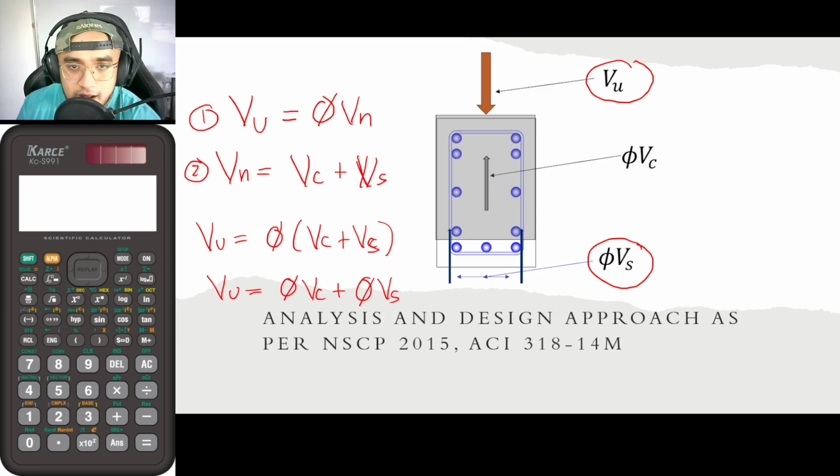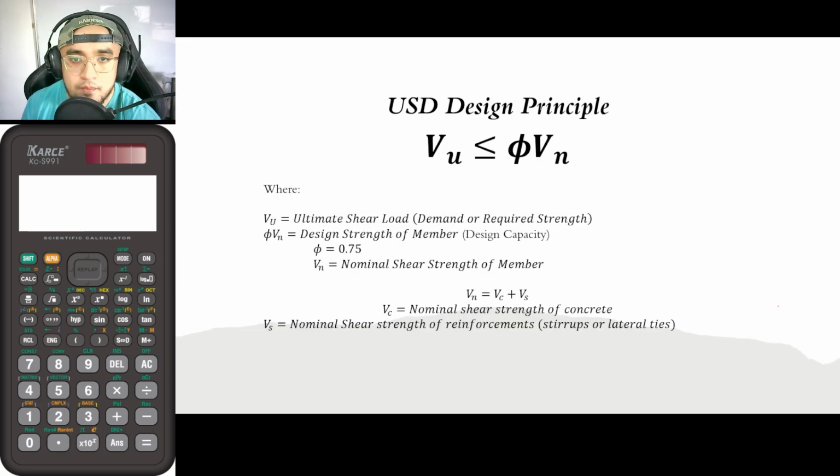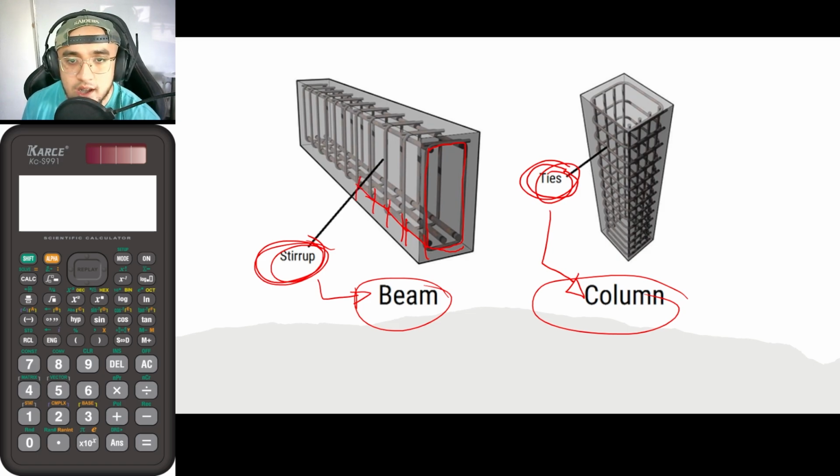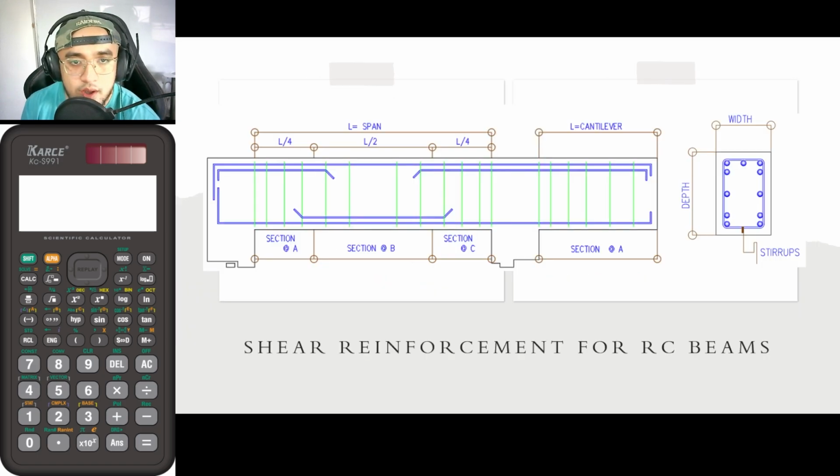So in the design of shear reinforcement, we are actually particular with the spacing. So going back here, what we really design is the spacing in order for it to withstand the shear force or the shear stress. So going back to our situation here, as you can see, they are spaced from one another. So that is actually our main concern for this particular video.